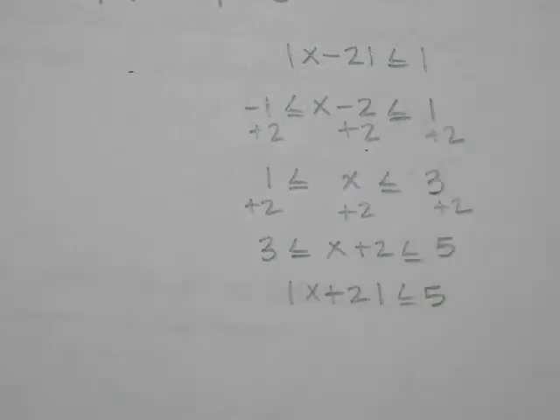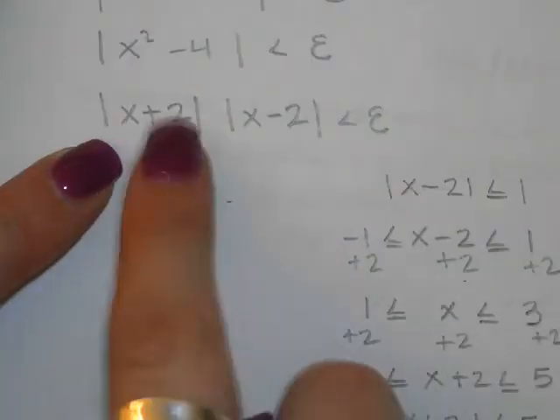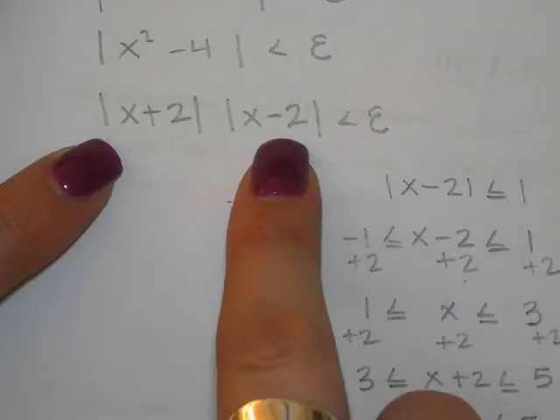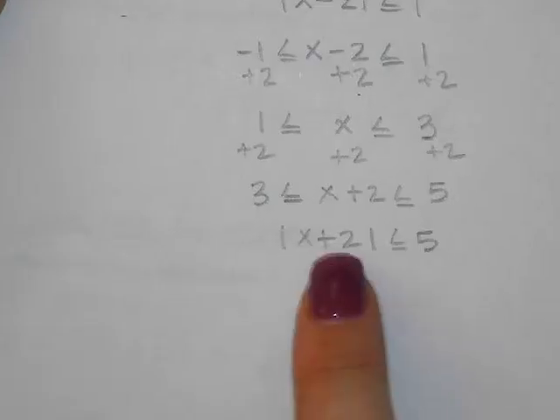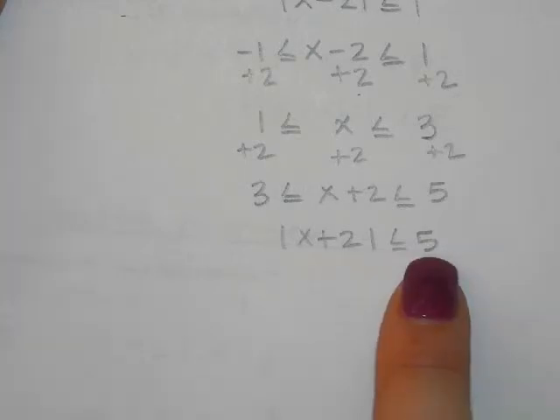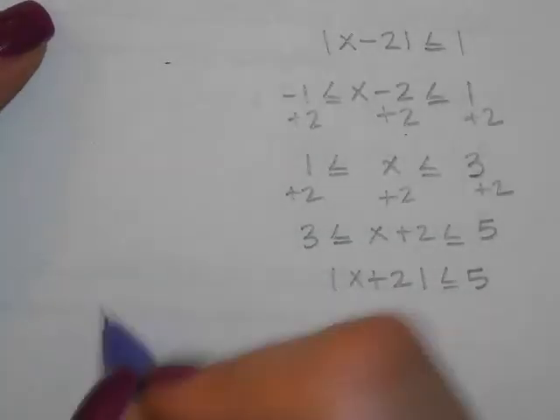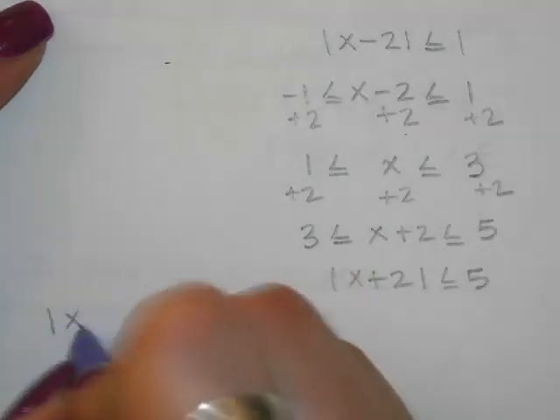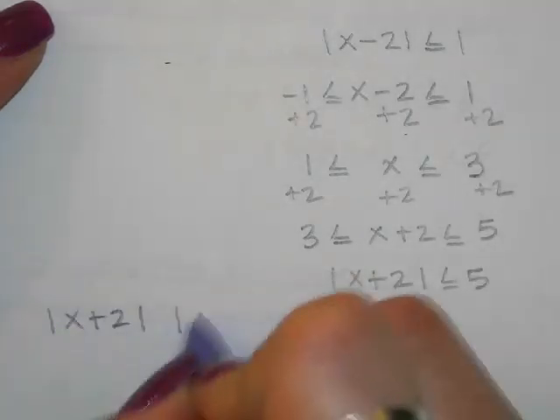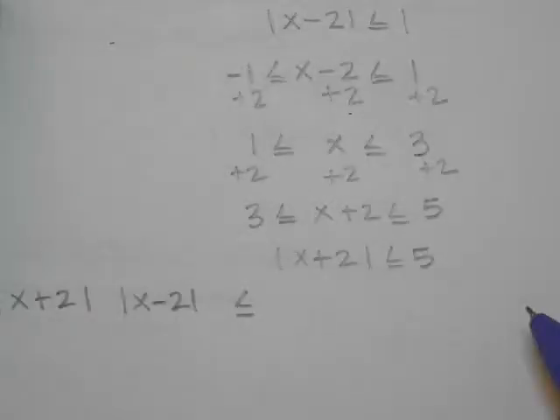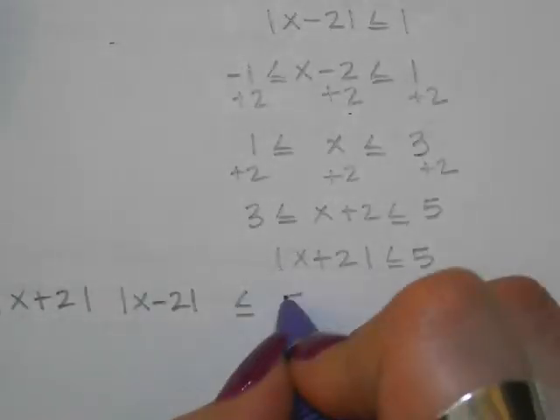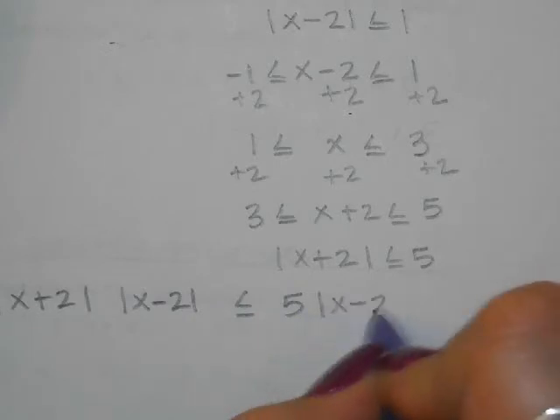All right, so now what we do is we say if this was x plus 2 times x minus 2, and that is less than epsilon, and we have x plus 2 is less than or equal to 5, then I'm going to say that x plus 2 times x minus 2 would be less than or equal to 5 times x minus 2.